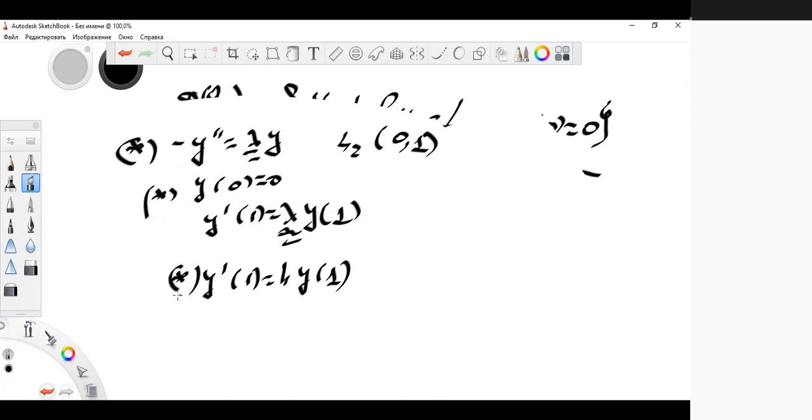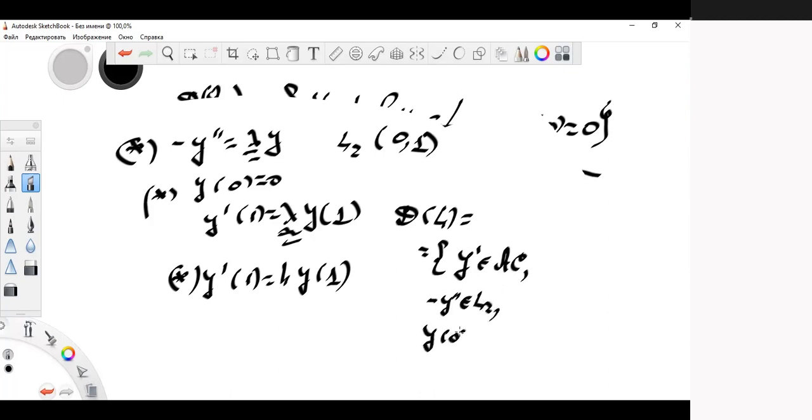some self-adjoint operator. How to define it? Its domain of definition consists of those y's whose first derivative is absolutely continuous on that interval, and whose second derivative is from L2, and where the boundary conditions y(0) equals 0, y prime 1 equals h y1 are satisfied.